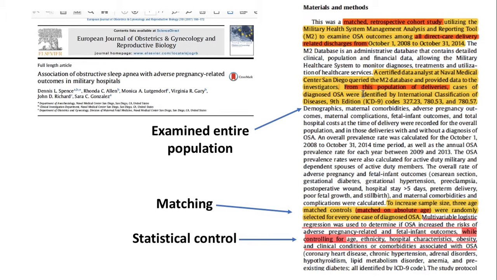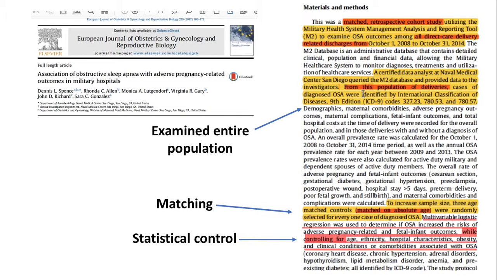So what we ended up doing was we went through the database, which had, I think, close to 400,000 deliveries in it. I don't exactly remember the details. And then we randomly selected and made sure we matched on absolute age three control patients to every one case of diagnosed OSA. So that's an example of matching.